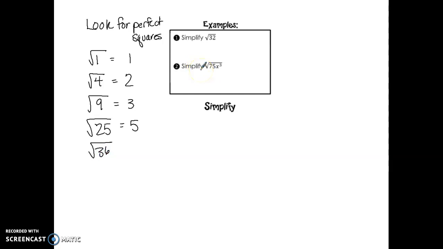When you're looking for cube roots, you're looking for perfect cubes, right? So the cube root of 1, when you think about it, is going to be 1. The cube root of 8. What did I multiply 3 times together? Well, 2 cubed, 2 times 2 times 2 is 8. If you take the cube root of it, it's 2.